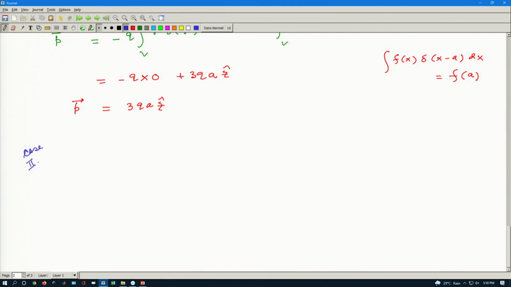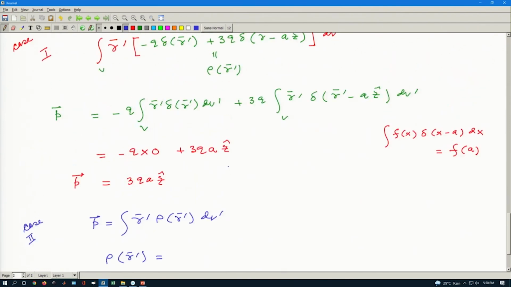For case 2 again I am going to use the same notation, same formula, r prime rho r prime dV prime. So, I need to find out rho r prime for this case. Let us see what happened here.